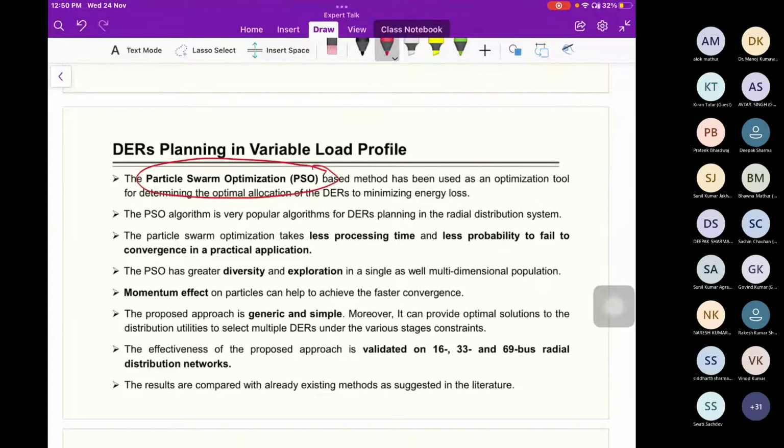PSO has greater diversity and exploitation in single as well as multi dimensions, and the momentum effect can achieve faster convergence. We can validate our strategy on the 16 bus system, 33 bus system, and the 69 bus system.